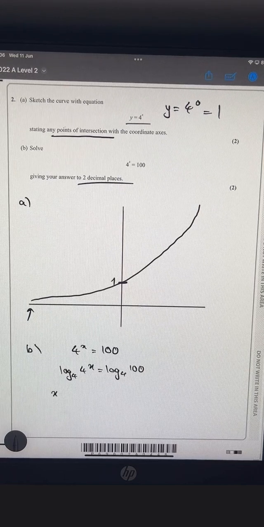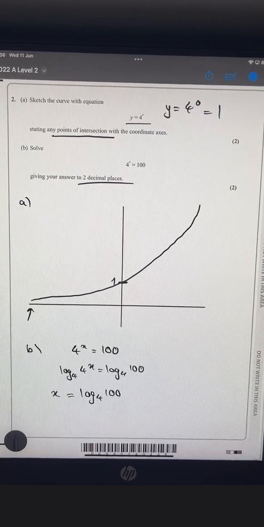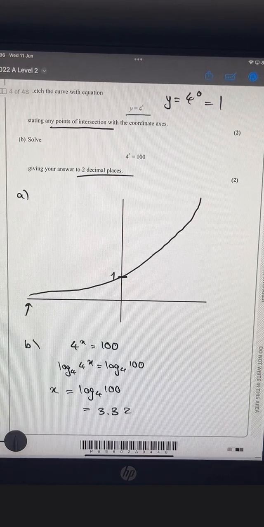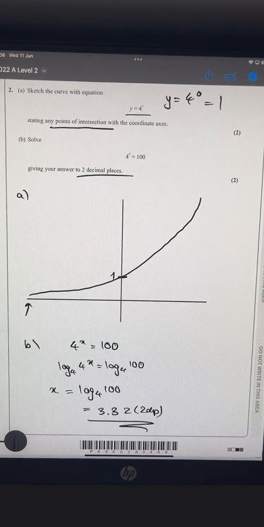So x is in front, and log 4 of 4, that's telling me 4 to what power is 4? That's just 1, so I don't even need to write that. And that's going to be equal to log 4 of 100. And if I put that into my calculator, I get 3.32 to 2 decimal places. I need to make sure I round it correctly.